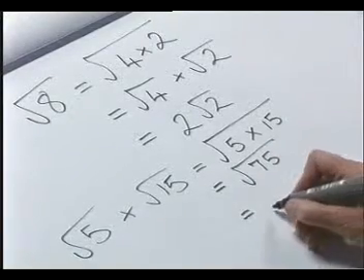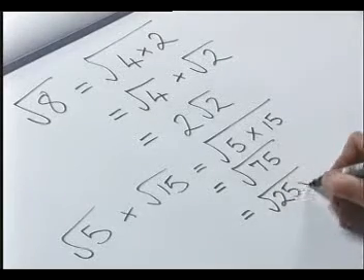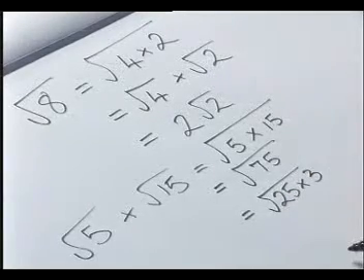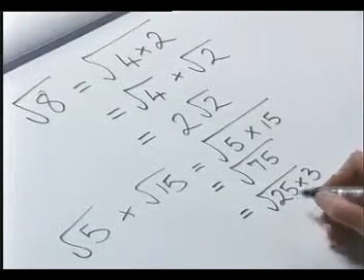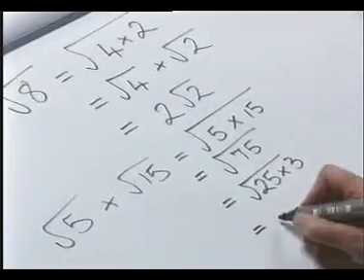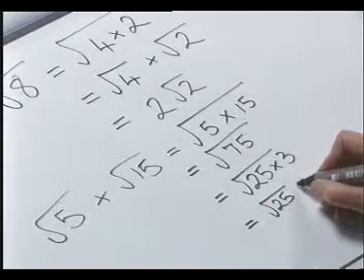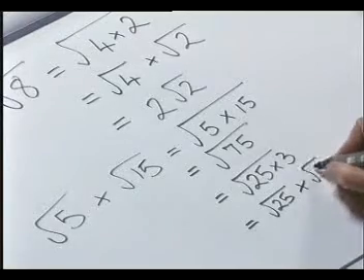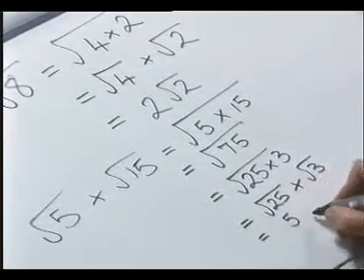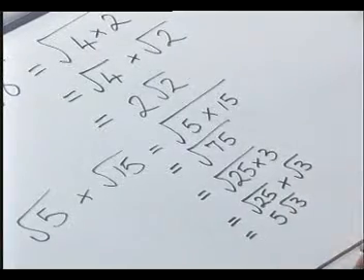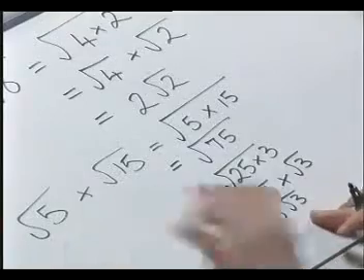But 75 can be rewritten as 25 times 3. Note 25 is a square number. And we can then separate that out to say that is the square root of 25 times the square root of 3. Square root of 25 is 5, times root 3. So the square root of 5 times the square root of 15 is 5 root 3.